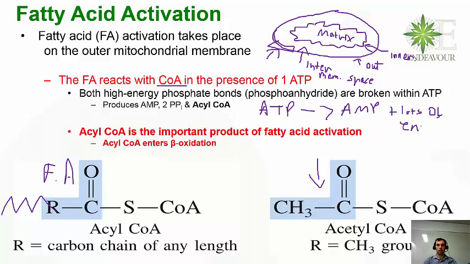And this energy is allowing us to overcome the energy barrier needed to attach the CoA to the fatty acid. So essentially, we need to do our fatty acid activation so we can create what we call the acyl-CoA, which is the combination of the fatty acid and also the CoA. And this is the first thing we have to do before we can start our beta oxidation.